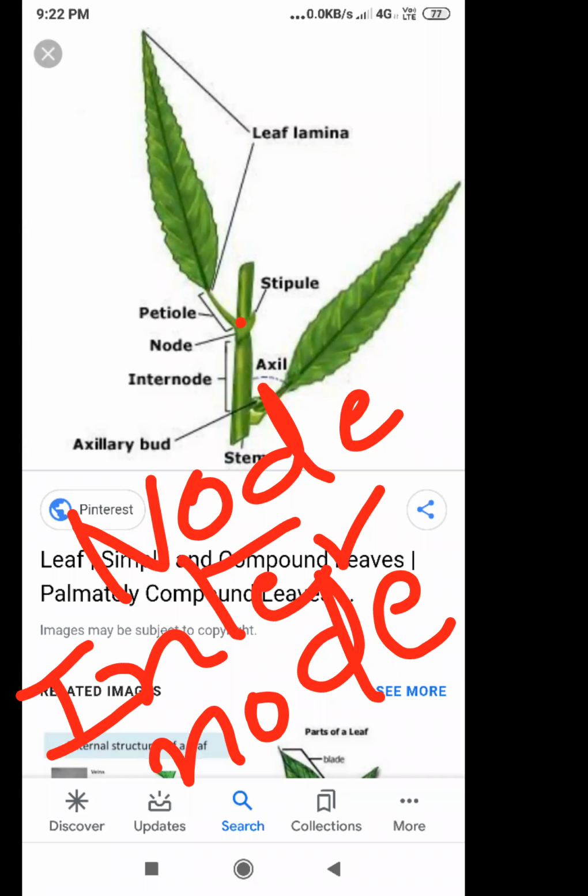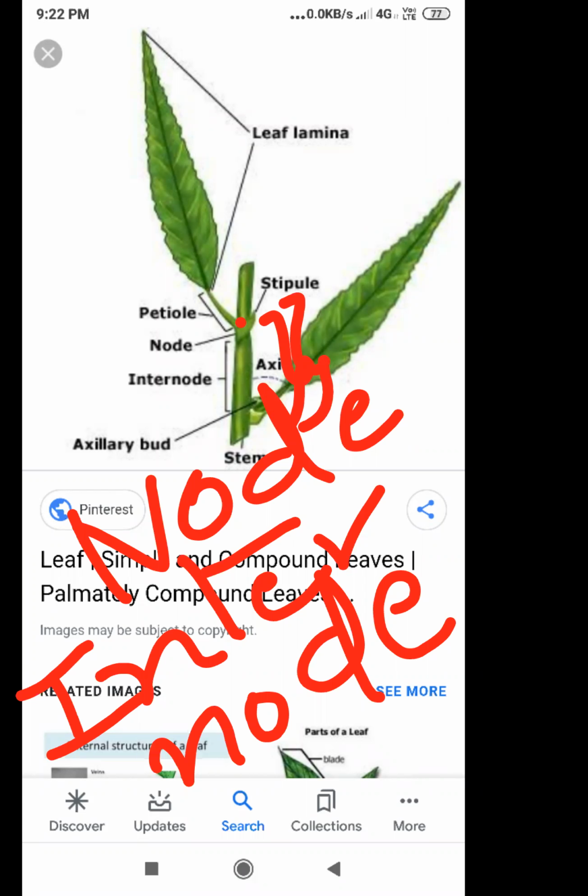The portion between two nodes, the length of the stem between two nodes, is called the internode. Inter means in between nodes.